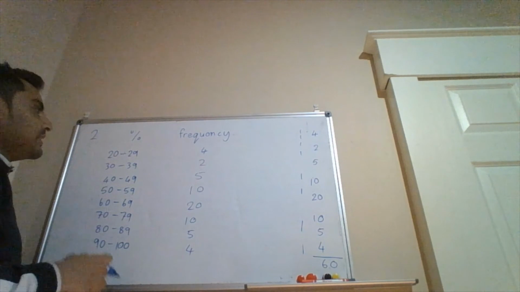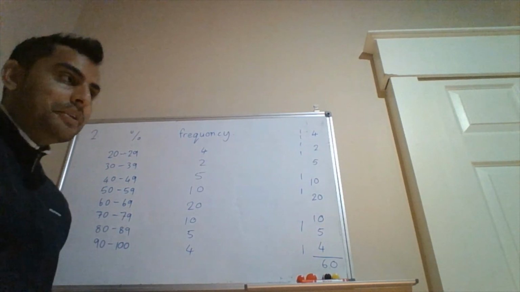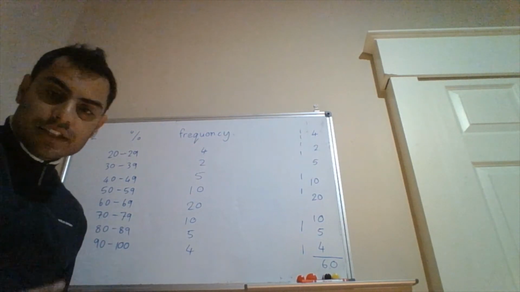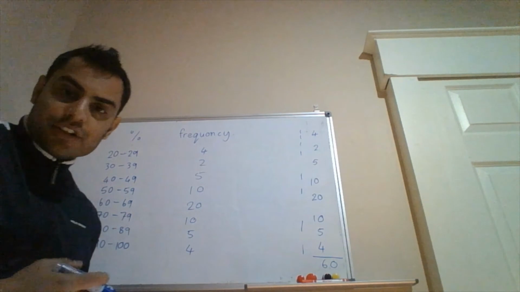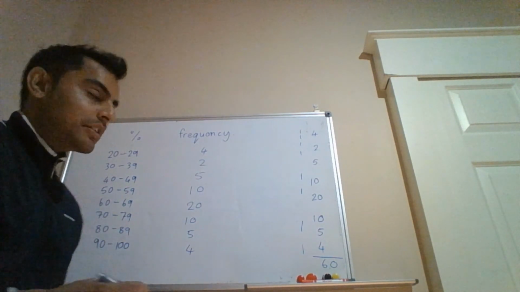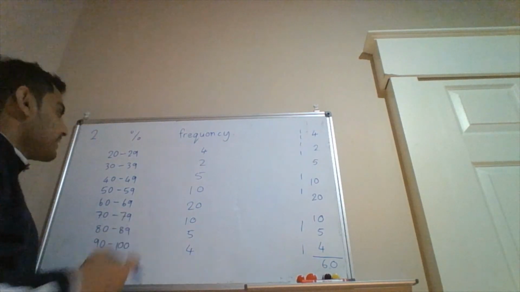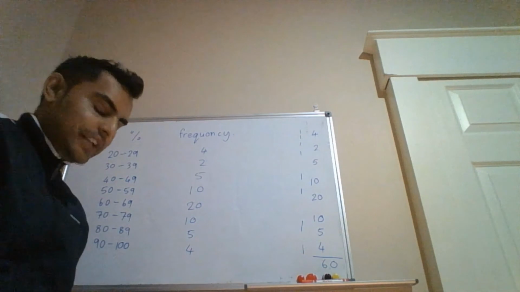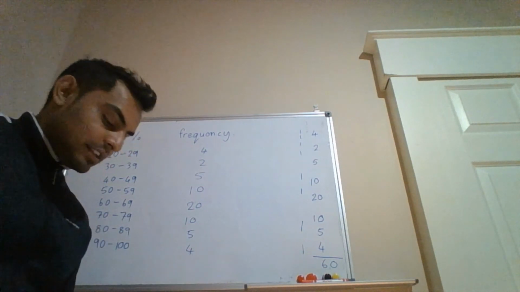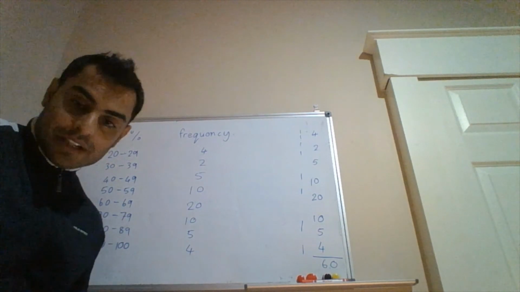So lastly, we need to plot this data on a histogram. Remember, histogram deals with continuous data. So these percentages are actually continuous data because they can involve fractions. So we can get like 39.5% or 28.5%. It just so happens though that the data that's given here in the textbook only has whole numbers.